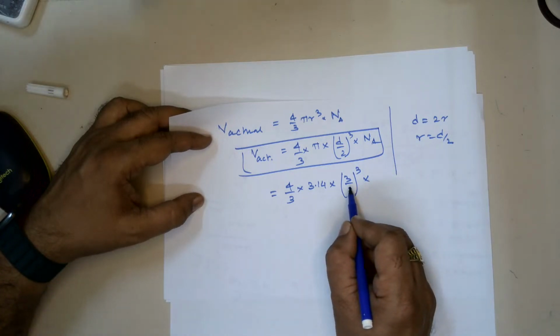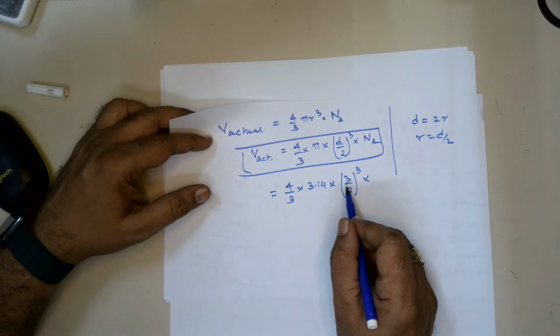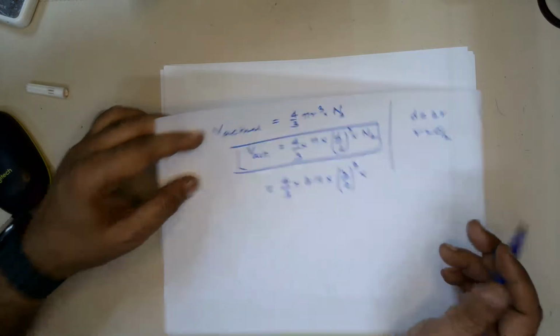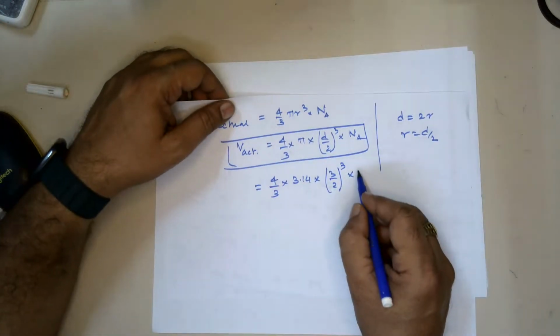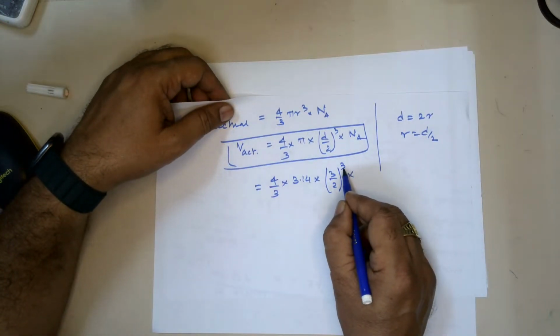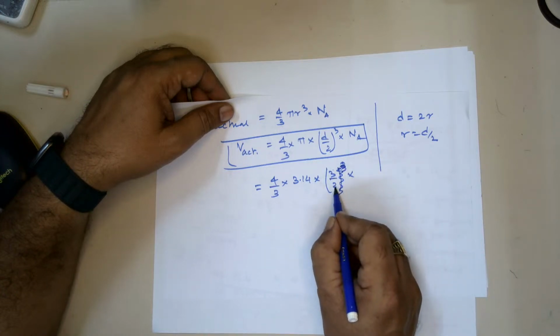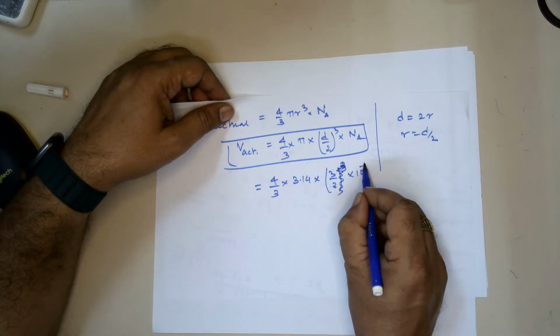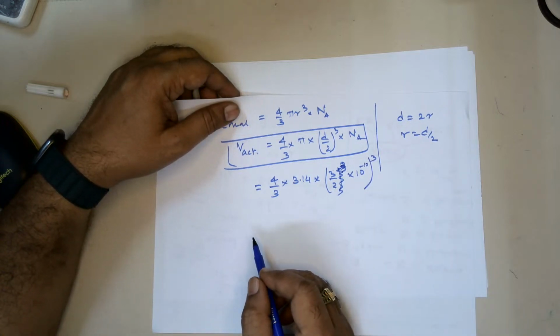and in fact you have got the meter, is it not? So this is given as, you have to be very careful, 3 into 10 power minus 10. So 3 by 2 into 10 power minus 10 whole cube, okay, right.